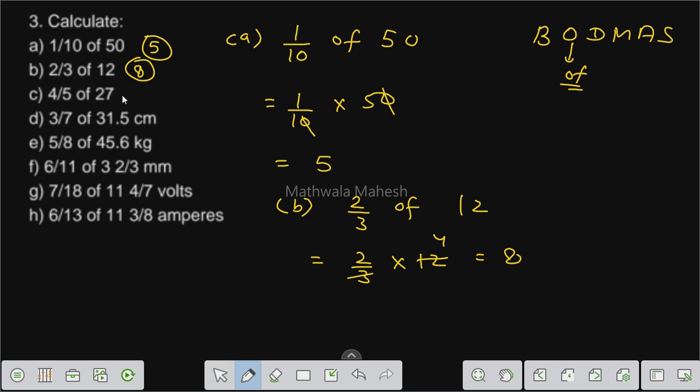And similarly, the third one is 4 by 5 into 27, which is 27 into 4, 108 upon 5. Okay. Or we can write this number as 21 and 3 by 5.